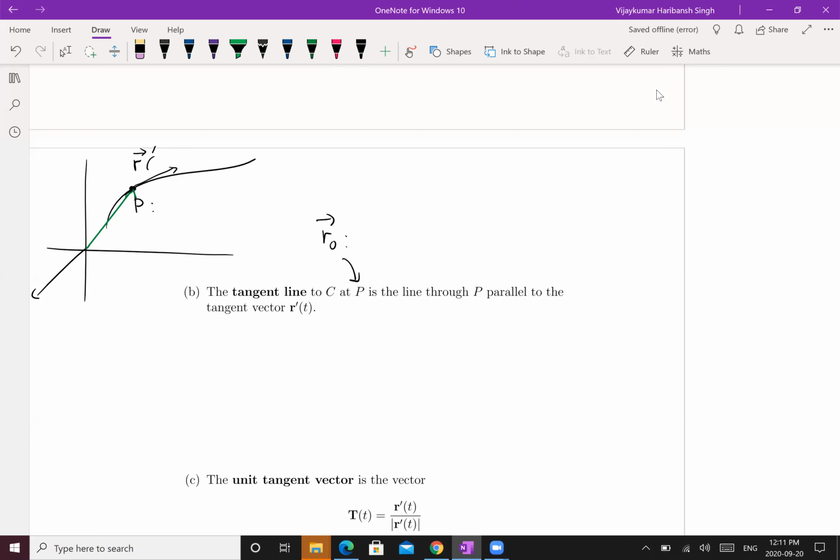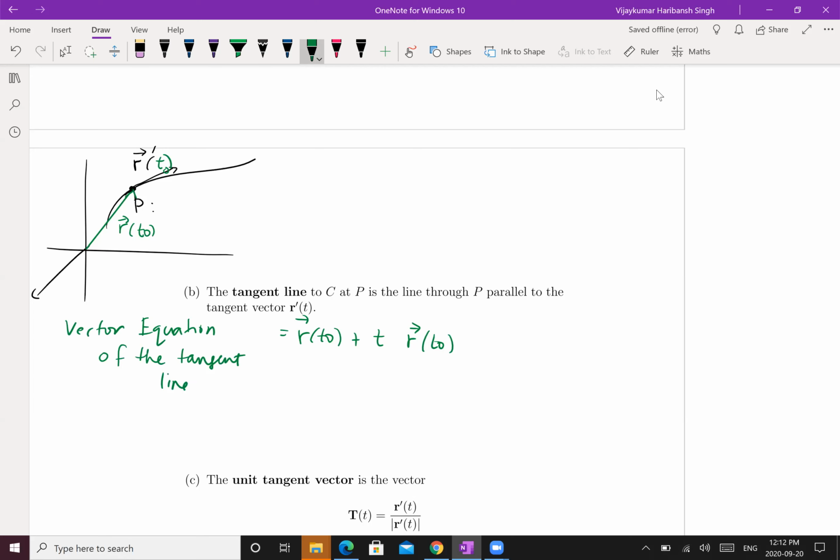So this guy's position vector is R of t0. And if this is your R prime of t, then the tangent line can be given by R of t0 plus t times R prime at t0. So this is the vector equation of the tangent line.